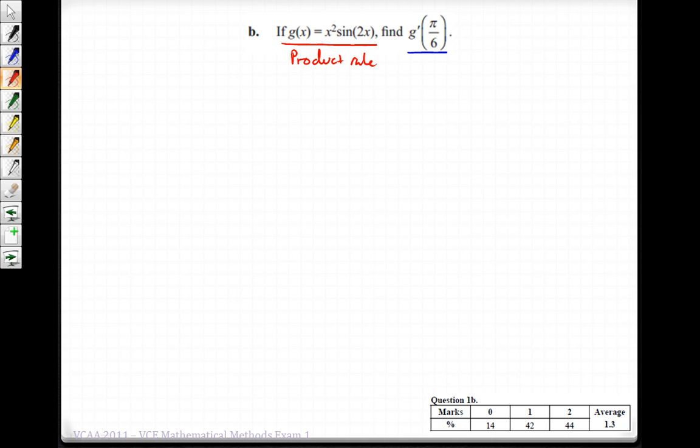So we're going to let u equal x squared and v equal sine of 2x. So du/dx is going to be 2x, just power at the front, 1 off the power.